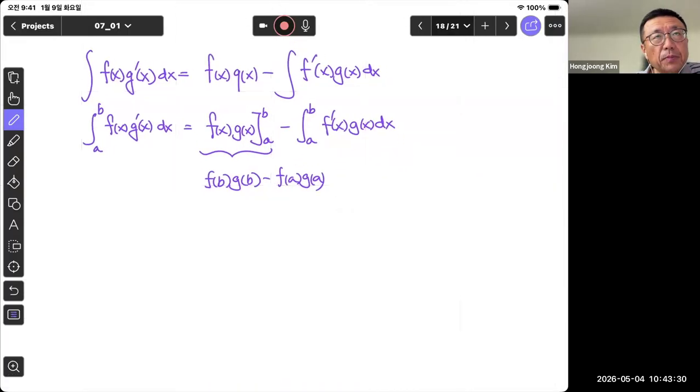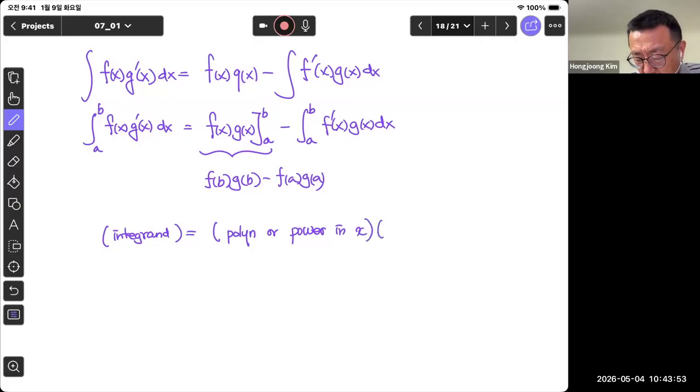And we considered two special cases. If your integrand is some polynomial or a power in x times some other part, then usually this polynomial or power in x will be denoted by f(x), and the remaining part will be denoted by g prime.